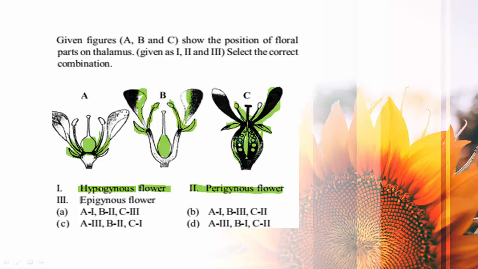So this flower represents epigynous, and in an epigynous flower the ovary is inferior. So which one is the option for this? A is hypogynous, B is perigynous, and C is the epigynous flower. So A is the right answer.